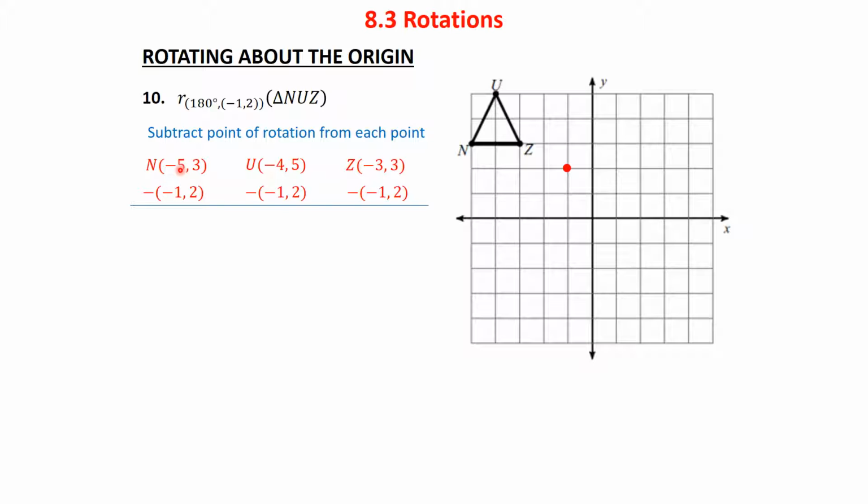So if I have -5 minus -1, those double negatives will give me a positive, so -5 plus 1 will give me -4. 3 minus 2, no double negatives there, so 3 minus 2 will just give me 1. -4 minus -1, again a double negative, giving us a positive, so -4 plus 1 will give us -3. 5 minus 2 will give us +3.